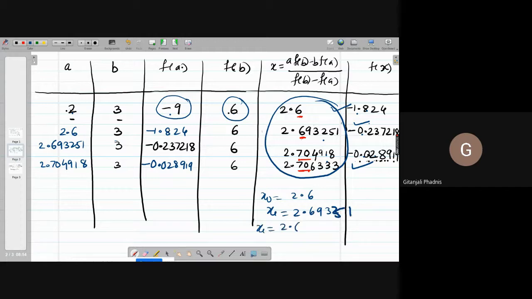It is 2.6 plus 0.093251, correct? Everybody is following this? There is some increment or decrement. Now in this case, there is some increment in x naught. What we are adding is a positive value. It is going towards the right from 0. So what can you say about this h?